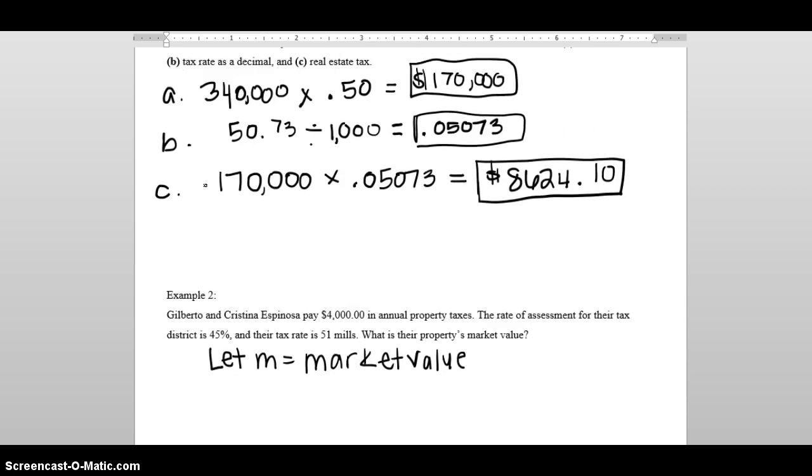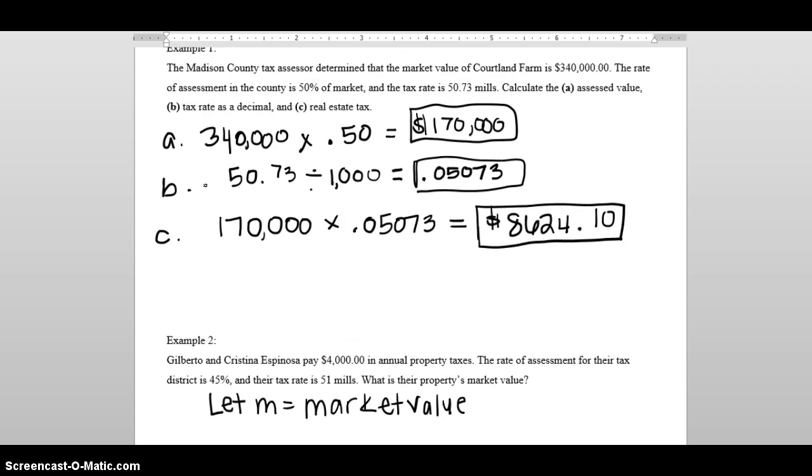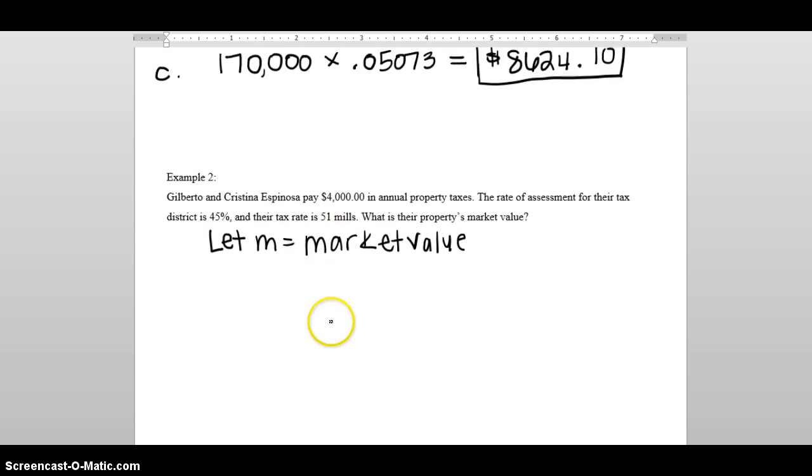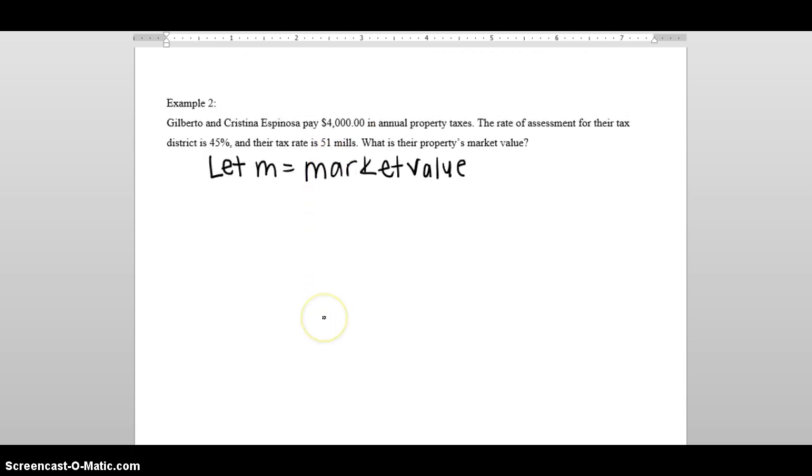The last step we did in the first example was find the real estate tax by taking the assessed value times your tax rate. So our assessed value, we don't know yet.